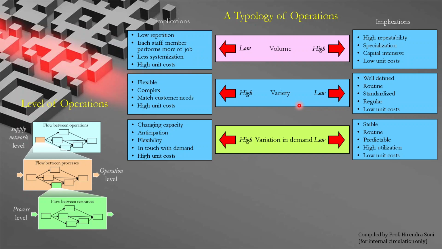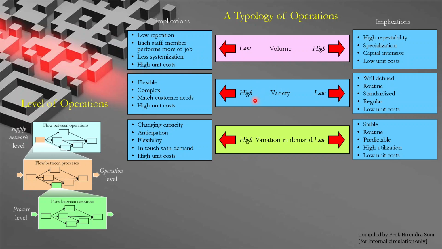Some customers may be willing to pay higher, some lower. If the variety is low, my operations would be well defined, routine, standardized, regular. That means not many changes can be expected in terms of the processes.